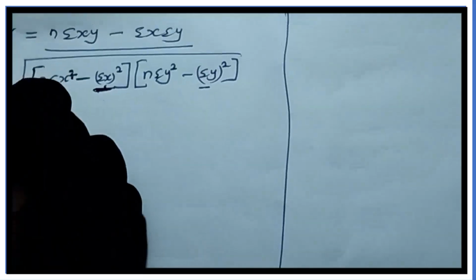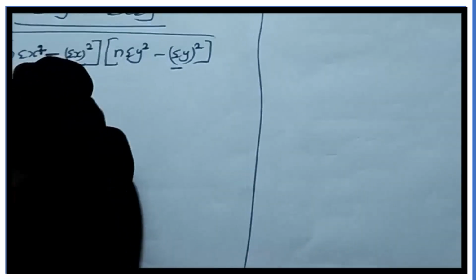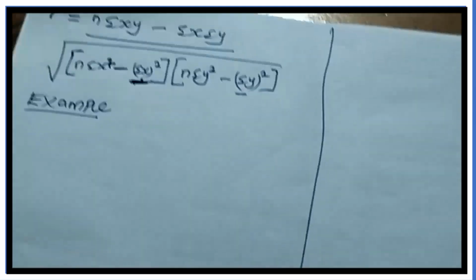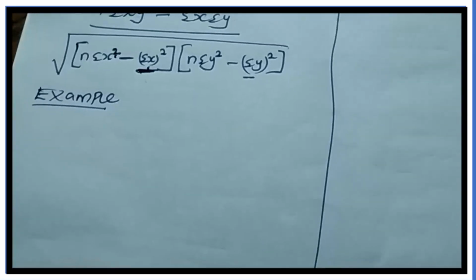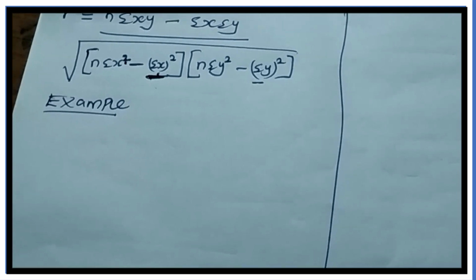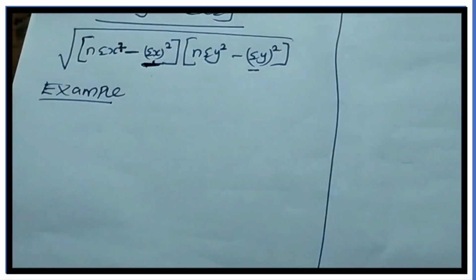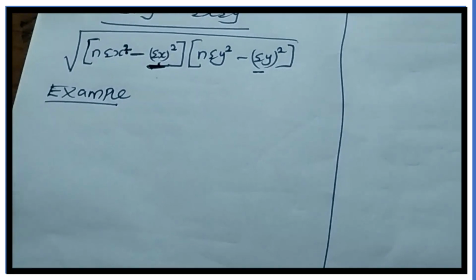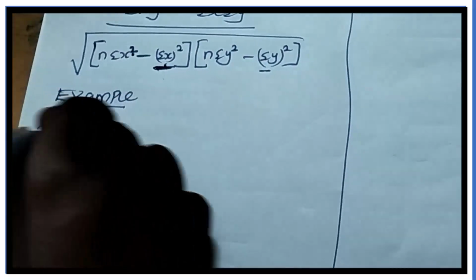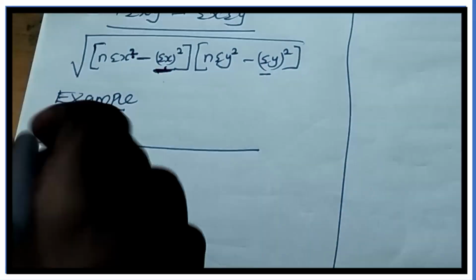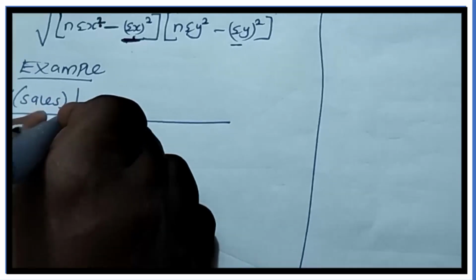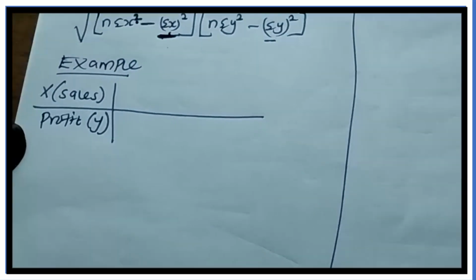Maybe we can take an example. We can take a very simple example where we look at how we calculate the correlation. Let's assume we have x, which in our case we said is sales, unit sales, and we have profit, which we represent with our variable y.